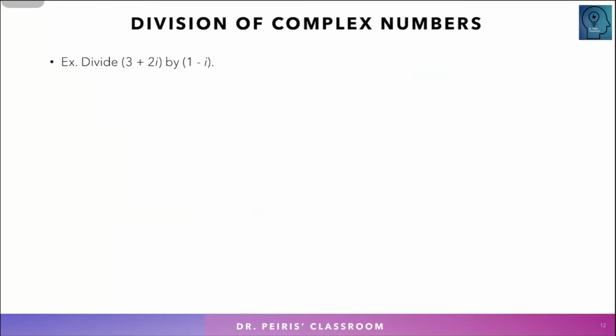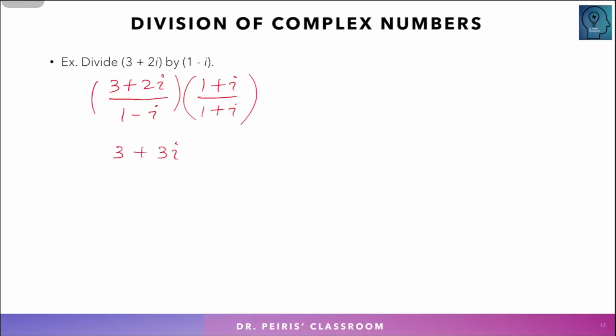We're going to divide 3 plus 2i by 1 minus i. The complex conjugate of 1 minus i is 1 plus i. So you multiply both the numerator and the denominator by 1 plus i. So what is on the numerator? 3 times 1 is 3, 3 times i is 3i.